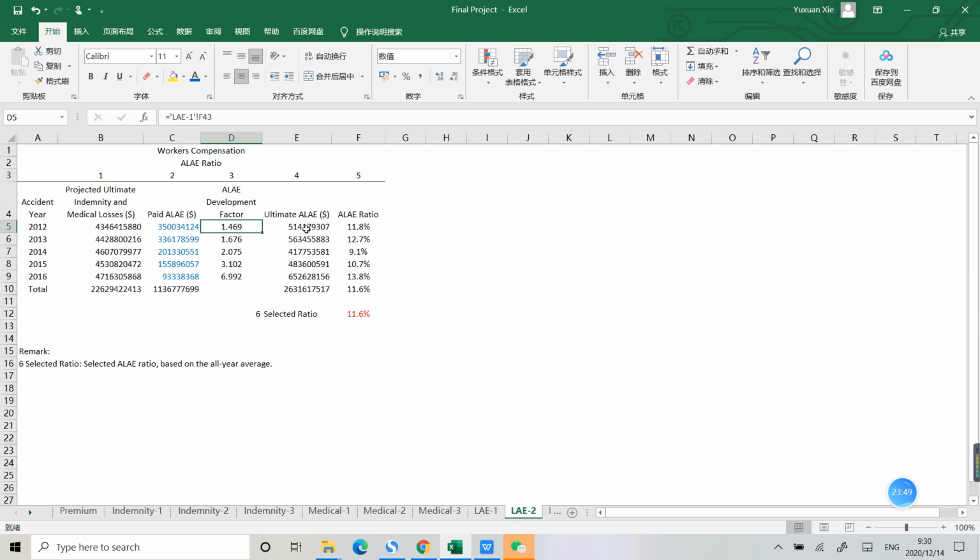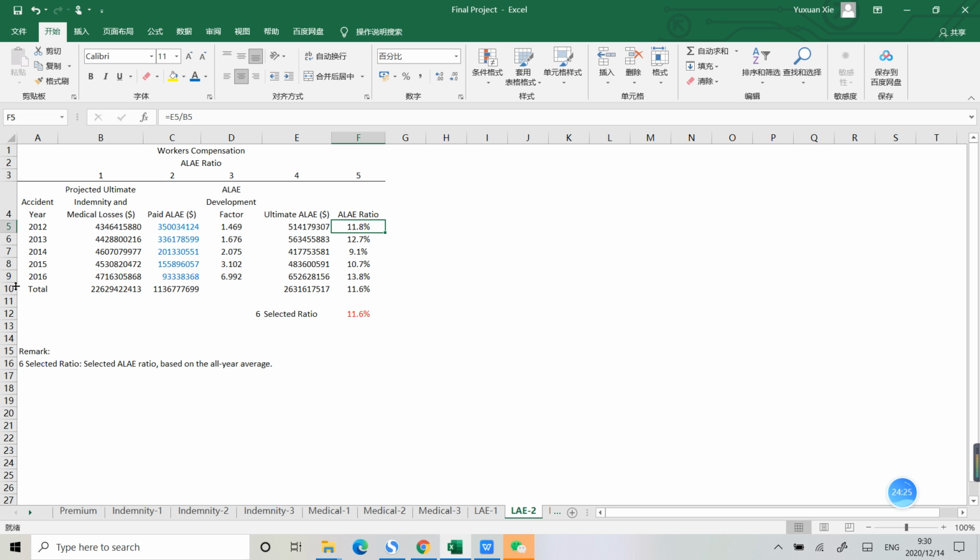The ultimate allocated loss adjustment expense is equal to paid allocated loss adjustment expense multiplied by the allocated loss adjustment expense development factor, and the allocated loss adjustment expense ratio is equal to ultimate allocated loss adjustment expense divided by projected ultimate indemnity and medical losses.